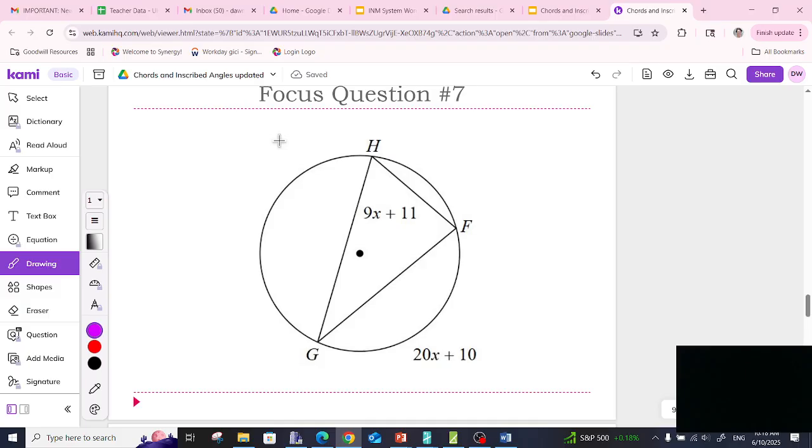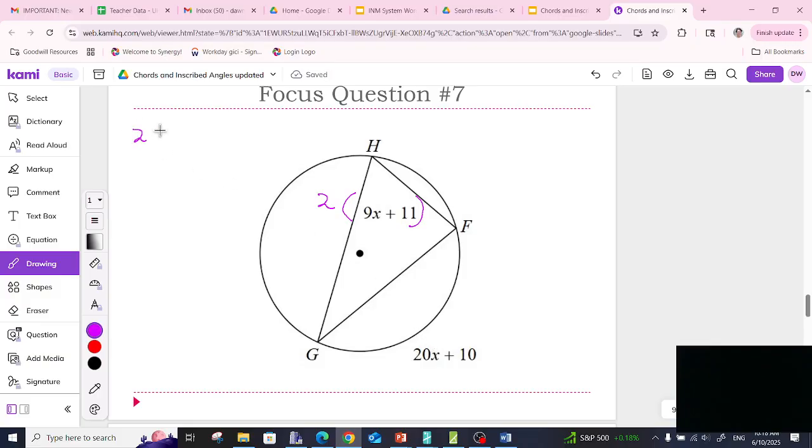What's the relationship, again, of an inscribed angle and the arc it subtends or intersects or cuts, however you want to say that? What would I do to this here so I could set it equal to this over here? Yeah, I have to multiply it by 2 and then set it equal.